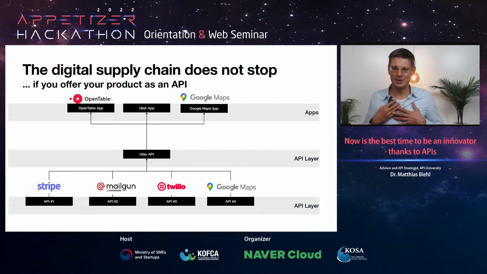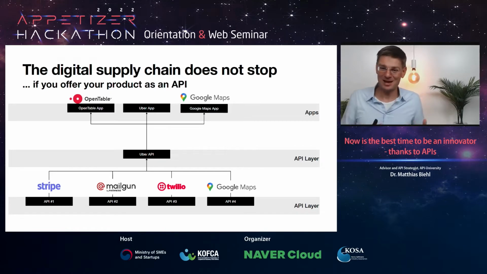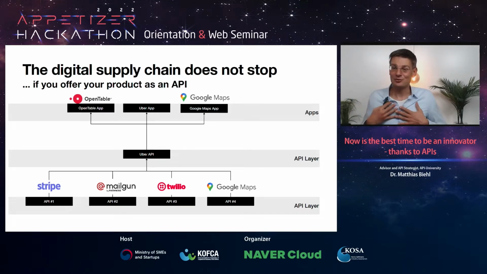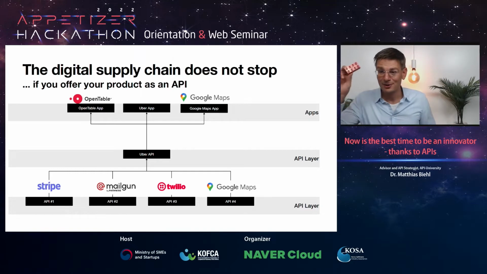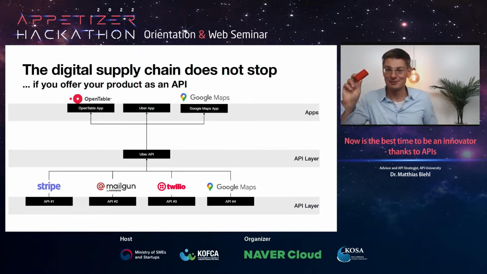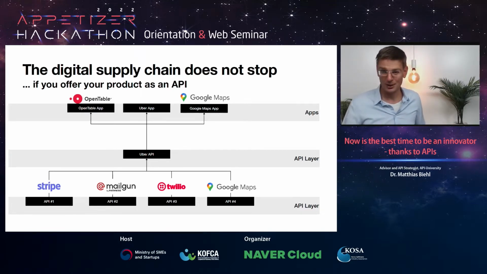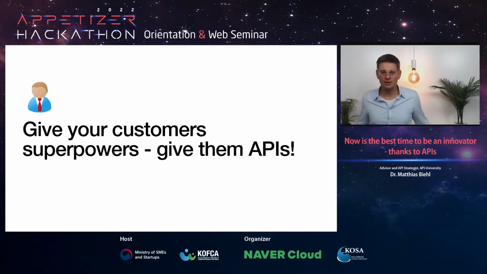So when we are the ride-sharing app, our core competence is managing the ride, getting the passenger from A to B. And this core capability of our company is now available via API as a building block and can be integrated by other people such as OpenTable and Google Maps. So give your customers superpowers, give them APIs.